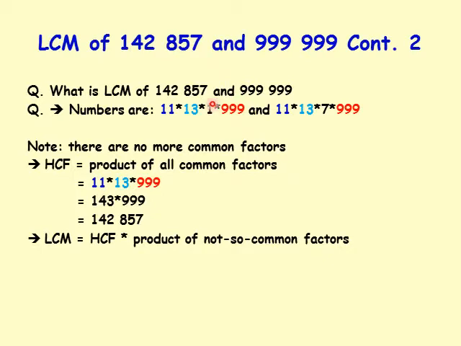Multiplying by 1 does not make a difference. So LCM is 142,857 times 7, and you can multiply them together, and that's 999,999, the second number here. So HCF is the first number in this example, and LCM is the second.